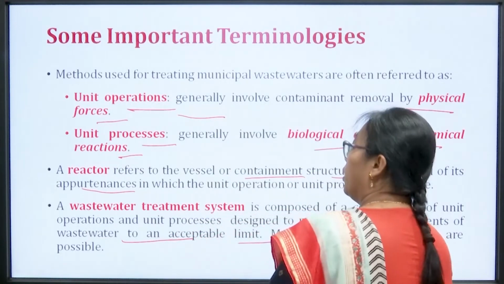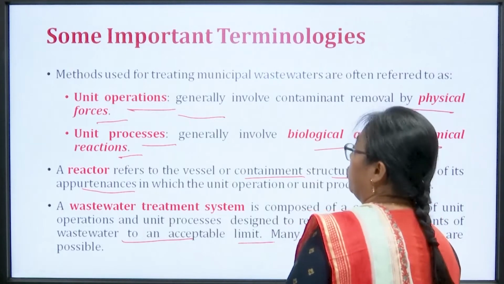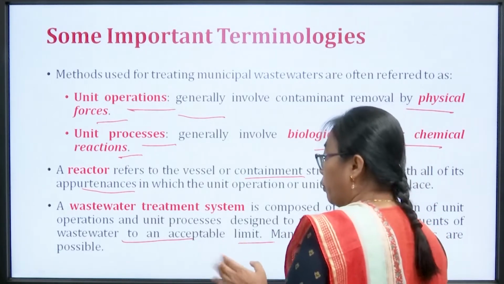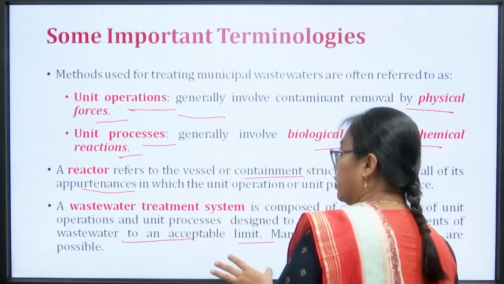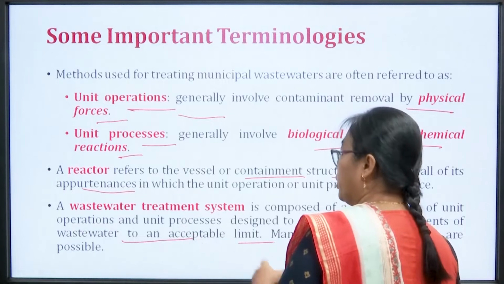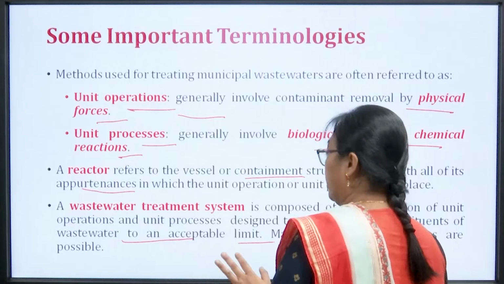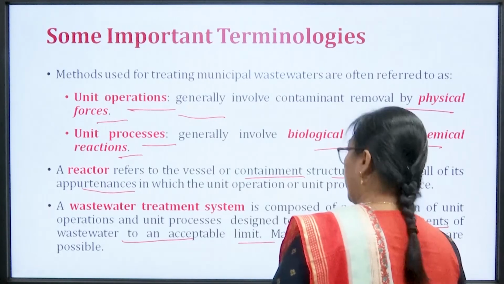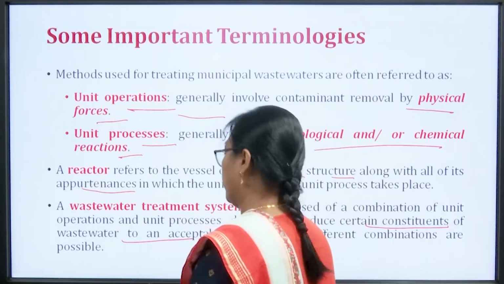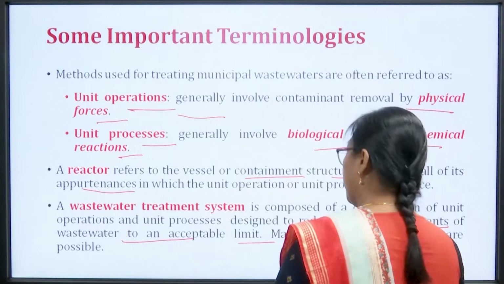So, what we are talking about here is wastewater treatment. Wastewater treatment is not only one operation or one process, it is going to be a series of operations or a series of processes, or a combination of those, which will take place in a reactor and reduce certain constituents like BOD or suspended solids, etc. So, many different combinations are possible.